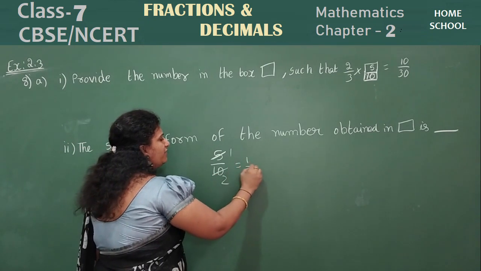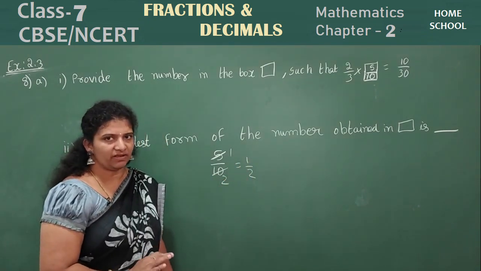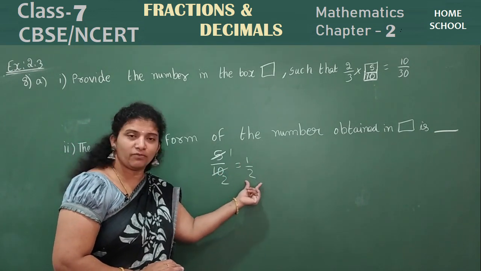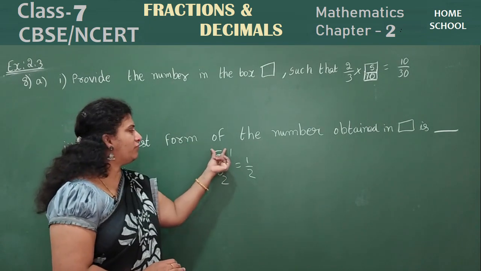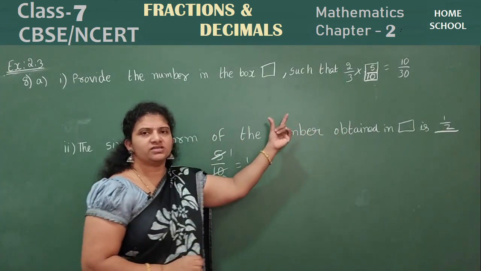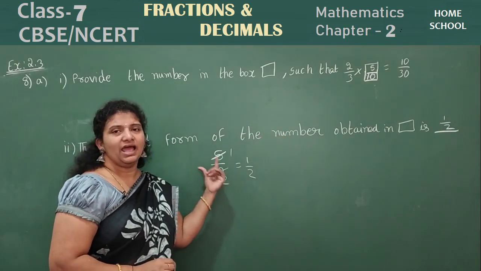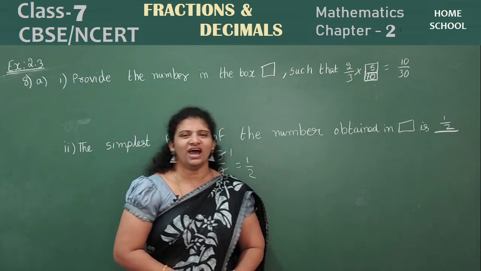That means further you can simplify to 1 by 2. No, we cannot simplify further. This is the last step of your simplification. Therefore, the number obtained in the box is 5 by 10 and its simplest form is 1 by 2. 1 by 2 is your answer.